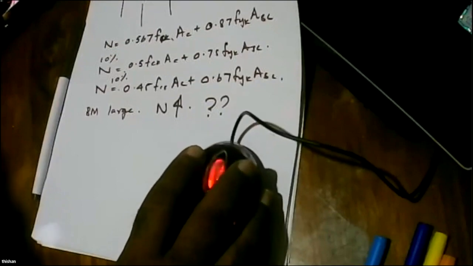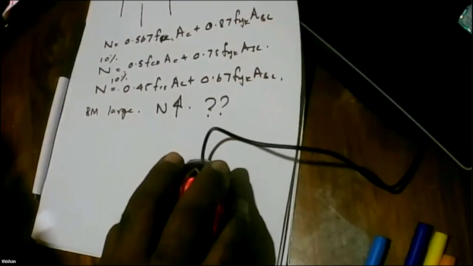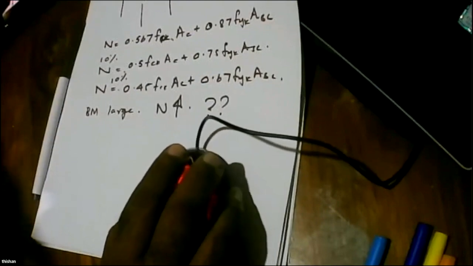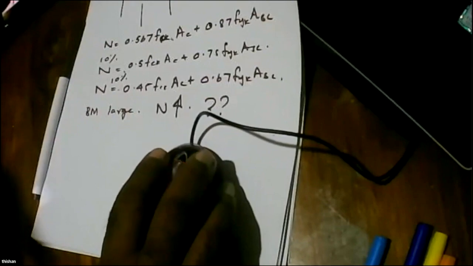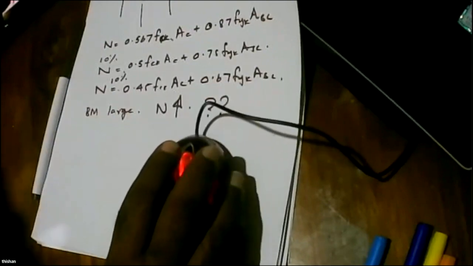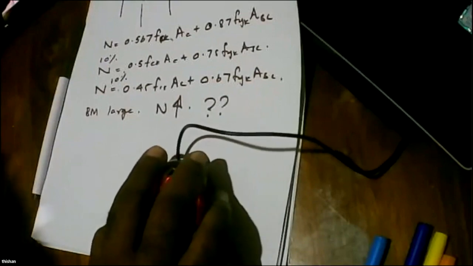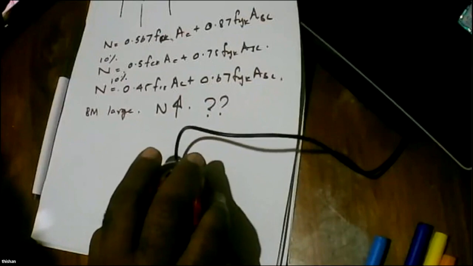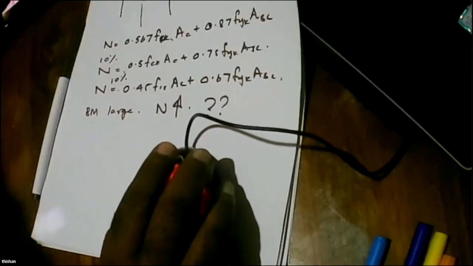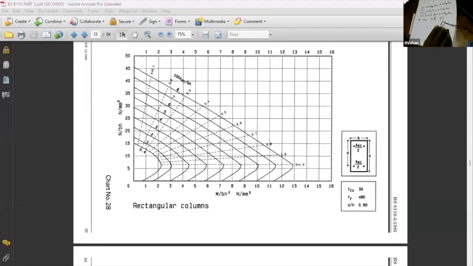Sorry, just one moment. I'll share the screen. Before sharing, let me load another document. Now all the documents I have opened, so I'll start sharing. Right, now you can see.